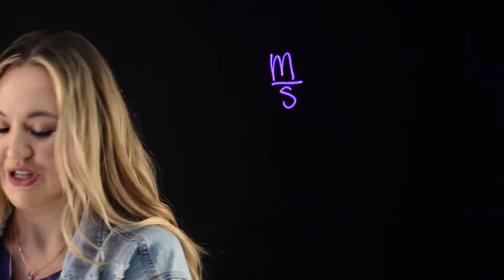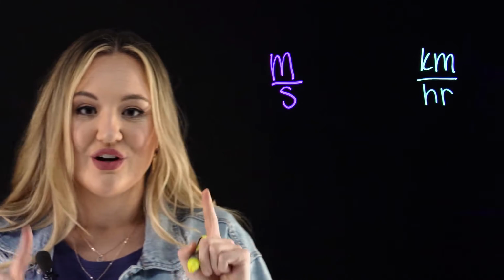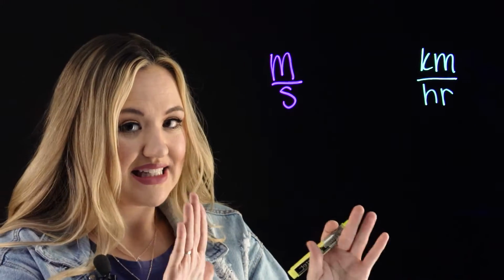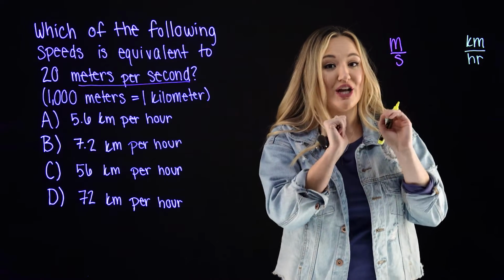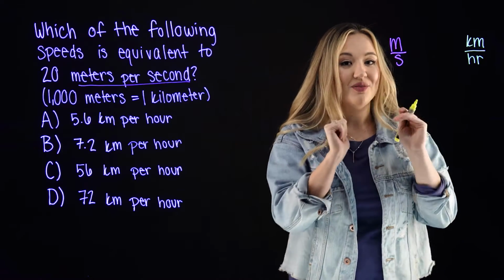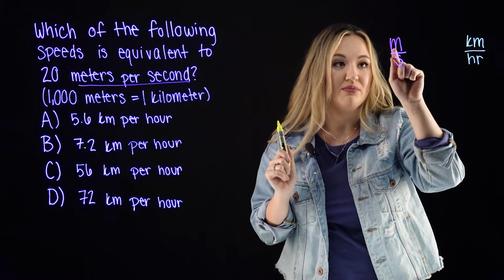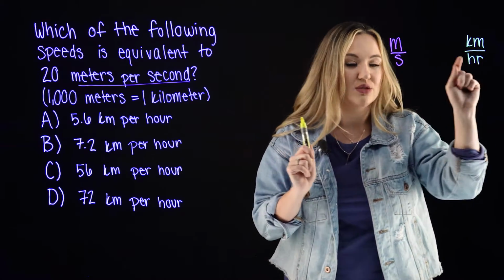Meters per second, and then we're going to kilometers per hour. Now, notice that in this example, we're going to change both the numerator and the denominator because we go from meters to kilometers and seconds to hours.